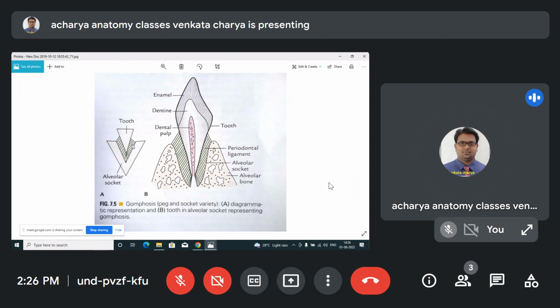It is also called the peg and socket variety. There is an alveolar socket and a tooth, and in between these two there is fibrous material. So it forms a joint called gomphoses type. Okay.